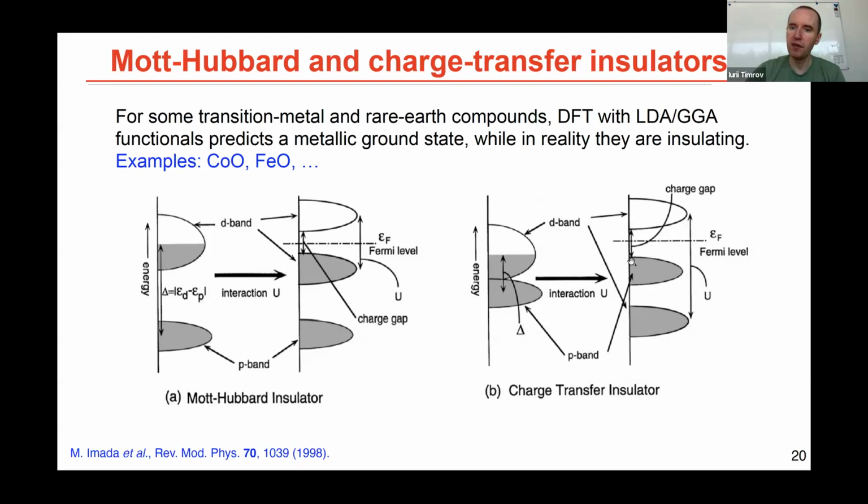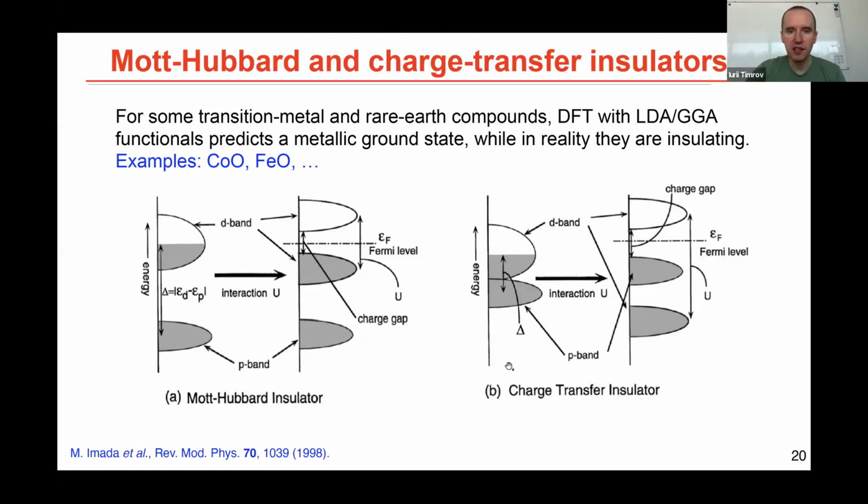So now the top of the valence is of P character and the bottom of the conduction is of D character. So now this transition would be P to D. And this is called charge transfer because there is a charge transfer from P states to D states, so from one type of states to another type of states, while on the left it was from D to D, the same type of states. So it's just a terminology to distinguish between Mott-Hubbard and charge transfer.